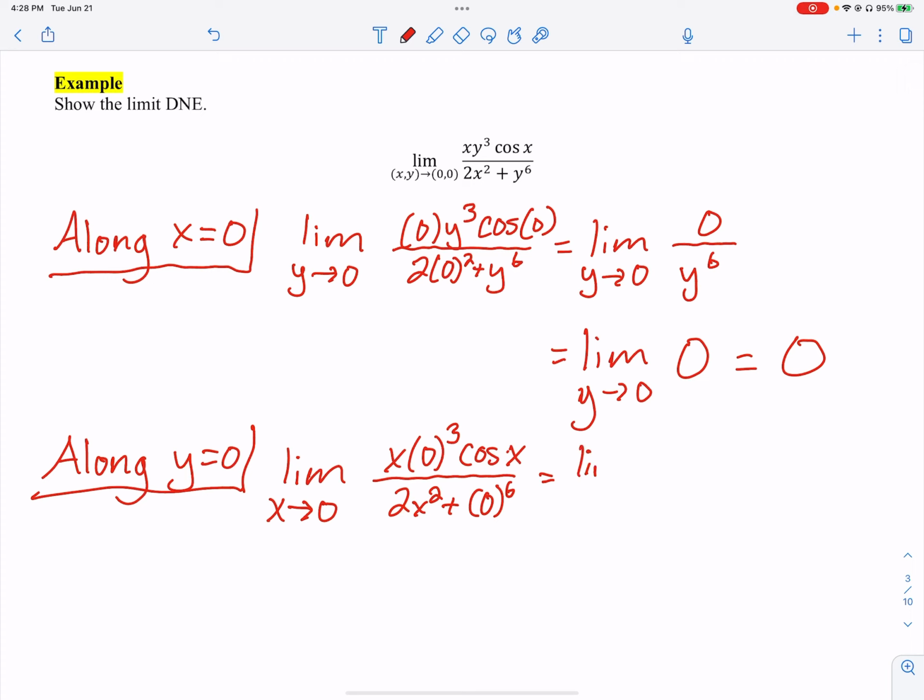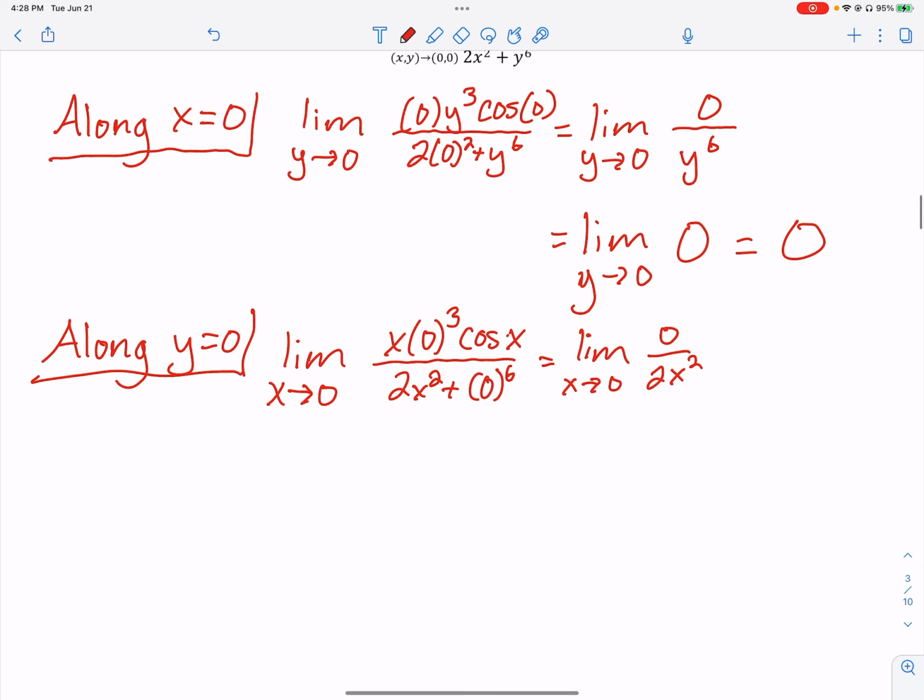I rewrite that. You can tell what's going to happen here. We get a 0 on top and a 2x squared on the bottom. I can simplify that, not plug it in. So I keep my limit, and that's equal to 0. We proved nothing. We just proved that those two paths have the same result. It doesn't prove the limit, doesn't disprove the limit.